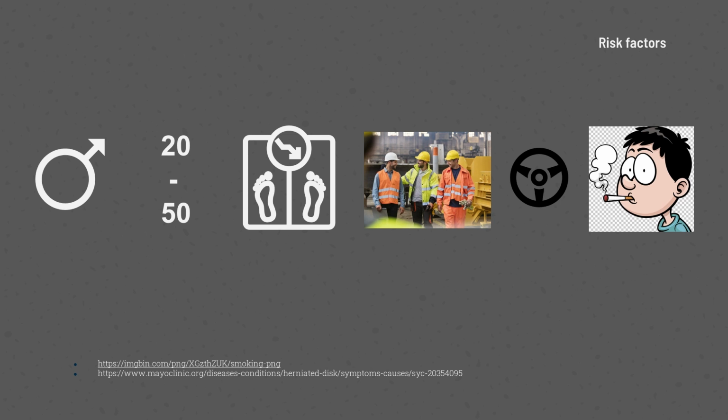Occupations that require heavy lifting and also driving can cause that too. Driving, surprisingly, is because of the vibration in your vehicle, which over a long period of time can cause degeneration. Smoking is believed to reduce the oxygen and nutritional supply to the discs, which causes rapid degeneration as well.